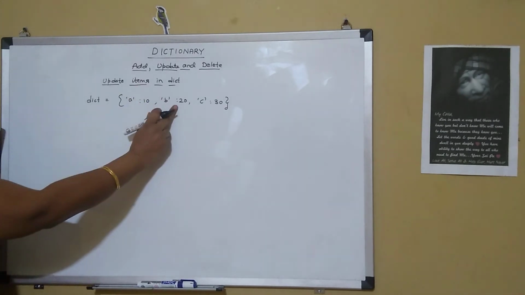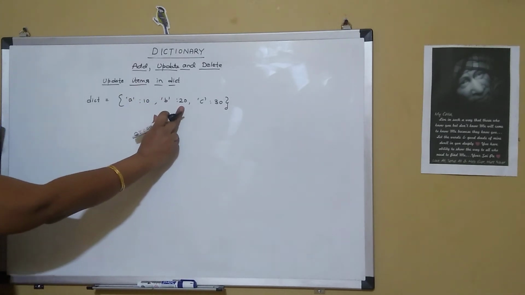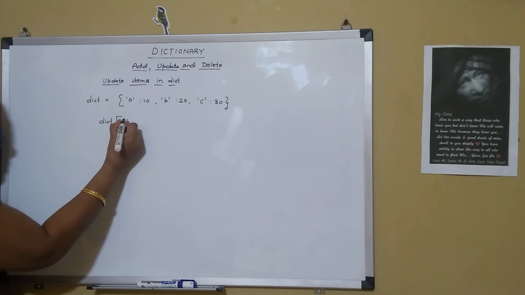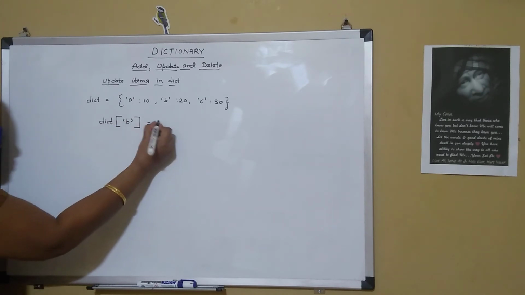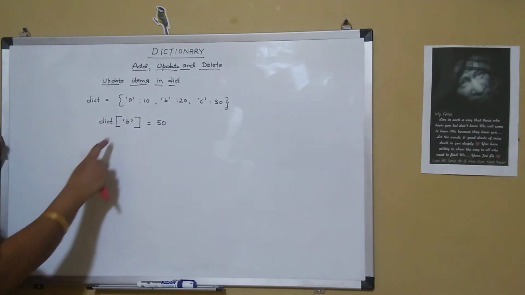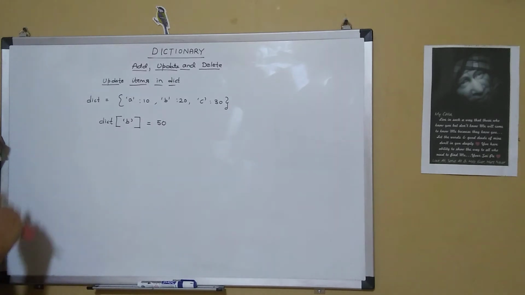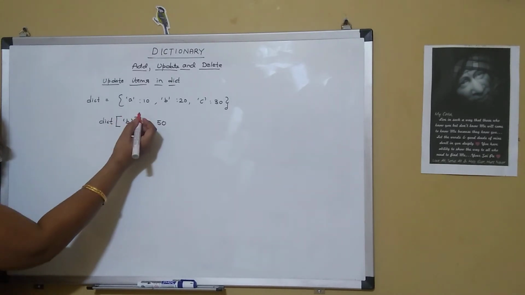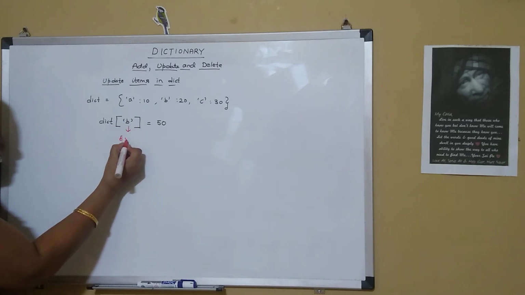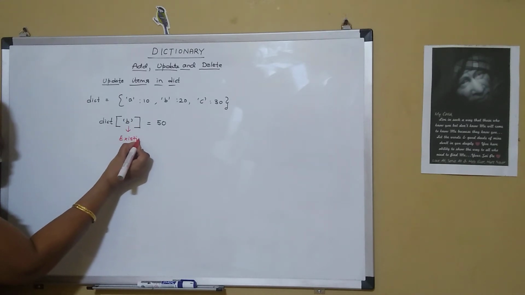So if we want to update the value to 50, we can specify dict['B'] equal to 50. Unlike adding items into a dictionary, where we specify a new key, while updating we have to specify the existing key.